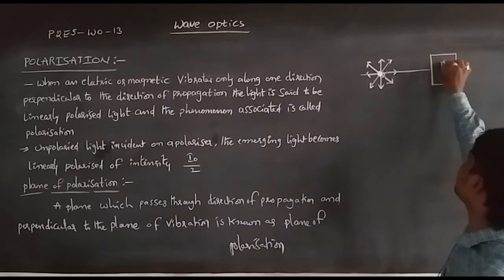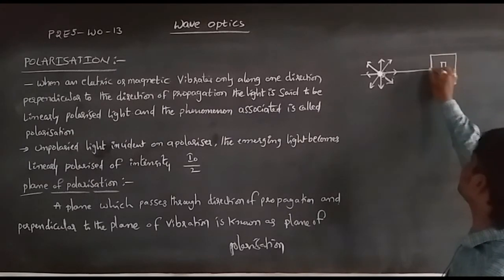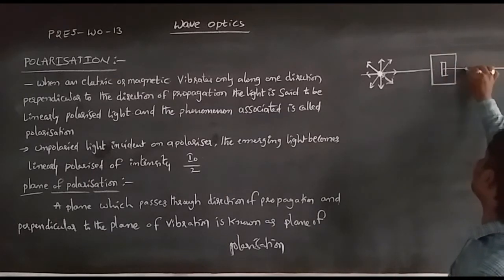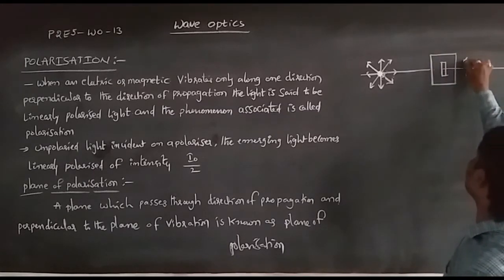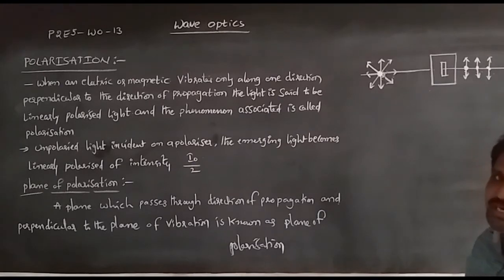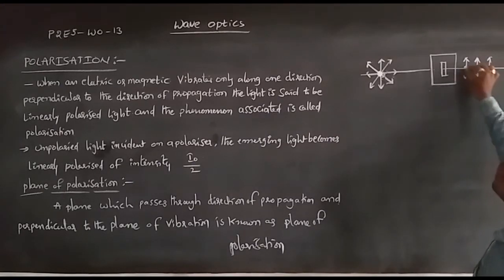When it passes through the slit, called the polarizer, the light travels in one direction only. The dots can be considered as the magnetic field and the arrows as the electric field, perpendicular to the plane. This is polarized light.